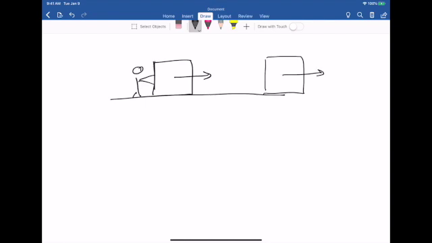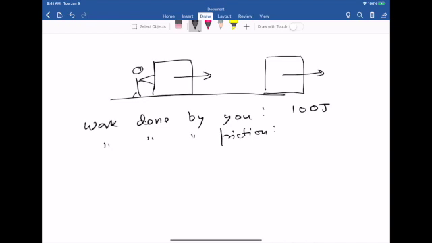And we just said that the work done by you is 100 joules. My question was, what is the work done by friction? The answer is, it has to be negative 100 joules.